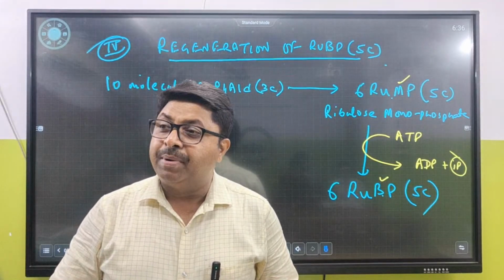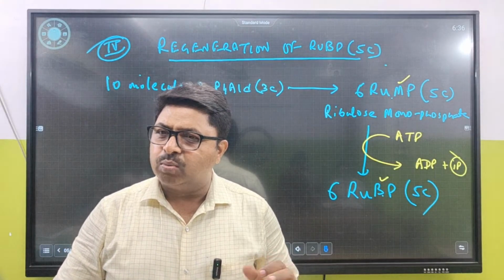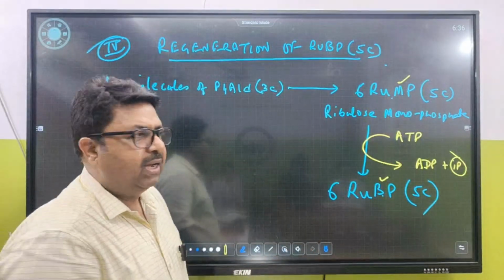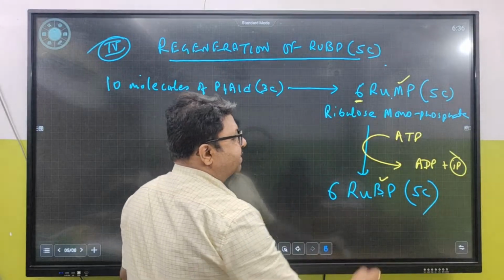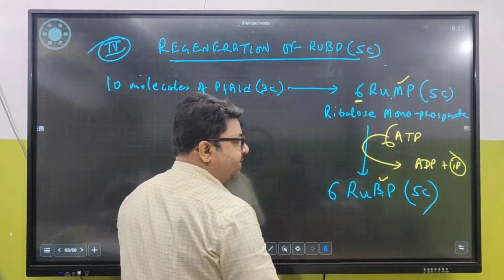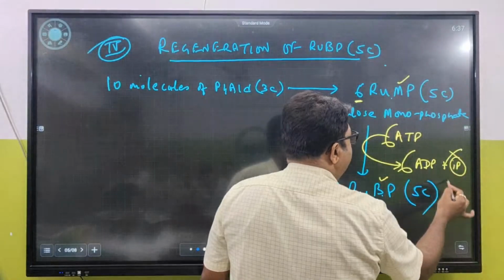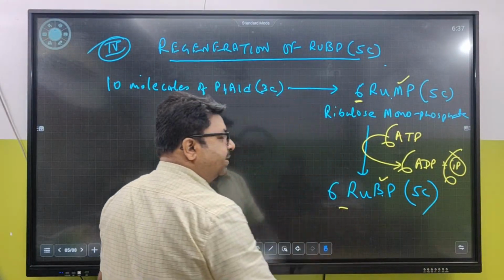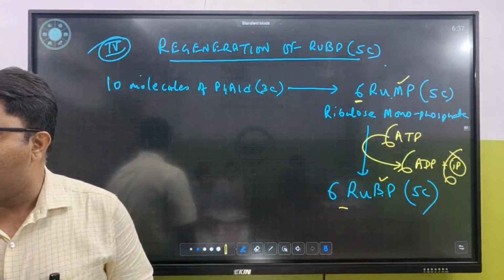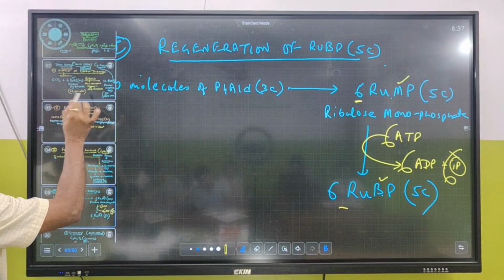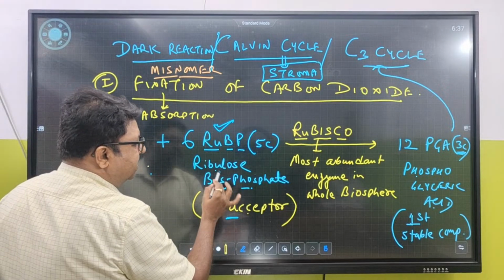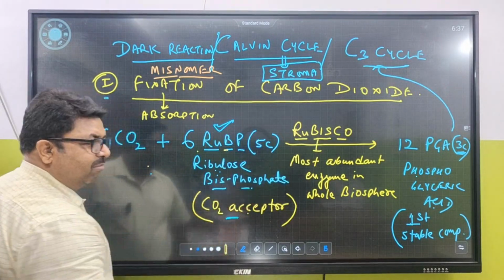So what do you need to break down? ATP, to get one phosphate, ATP gives ADP plus iP. But how many compounds are there? 6. So how many ATP must be broken? 6. So what has been made? 6 RuBP. Now you have made the carbon dioxide acceptor, 6 molecules of RuBP.